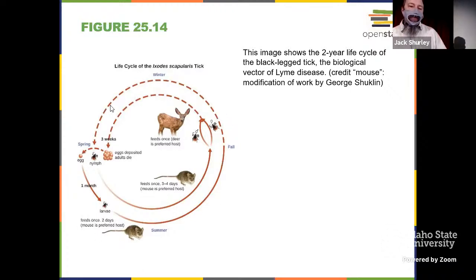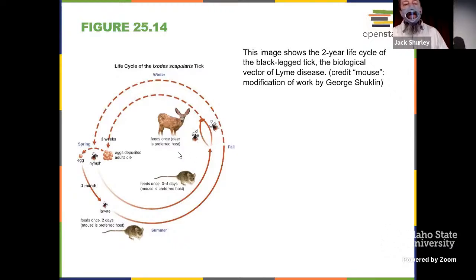It overwinters, and then this next stage, the nymphal stage in the spring, finds a new host and feeds, all right? In this case, it feeds a couple more days, attached to that host, gets a good blood meal. It molts into the adult stage of the tick, male or female.